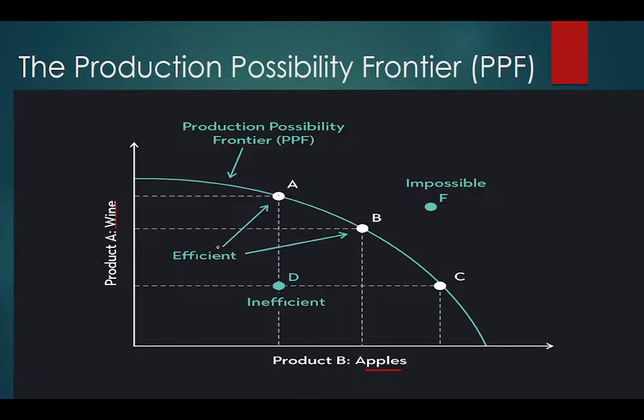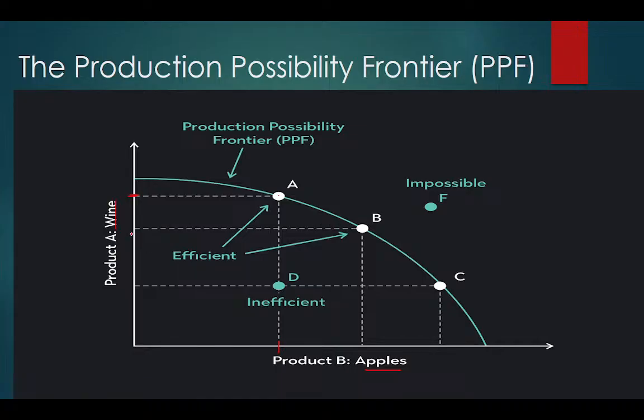Along this particular curve we see efficient production, because at point A the economy is better doing this much of wine and this much of apples.